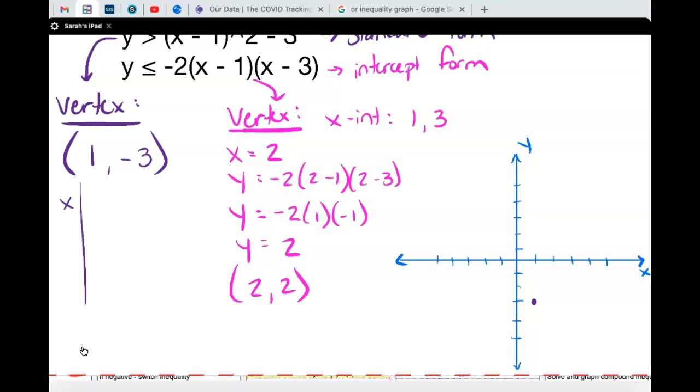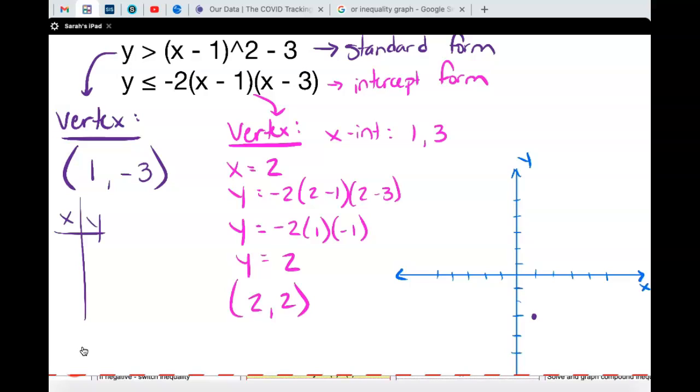So we can make a table for my problem in standard form. We're doing standard form first, the first one. Now I want to do a table, so plot some points to finish it.